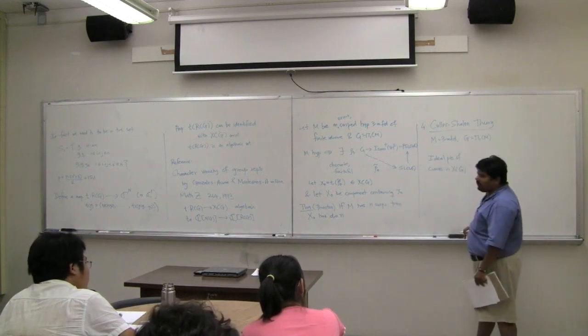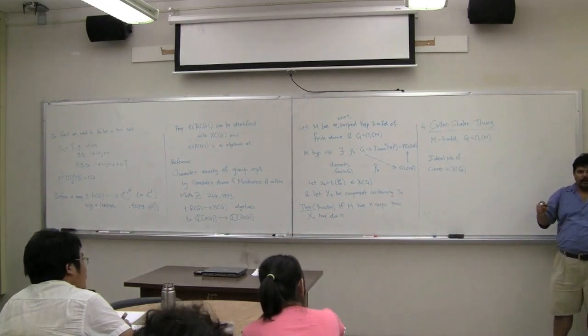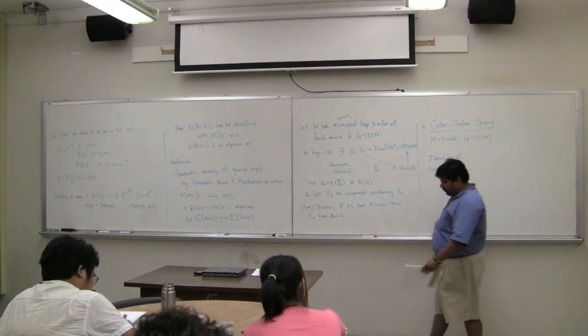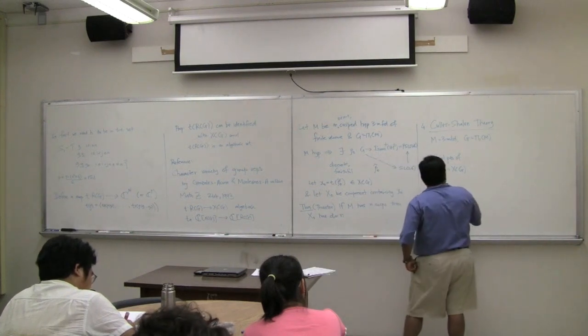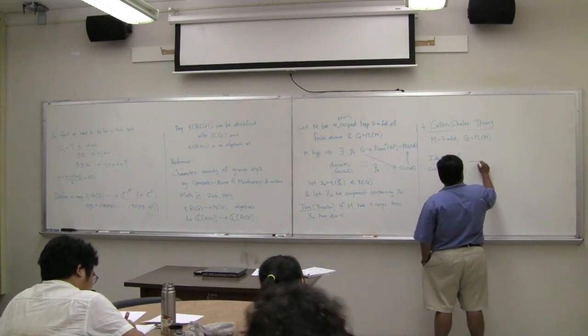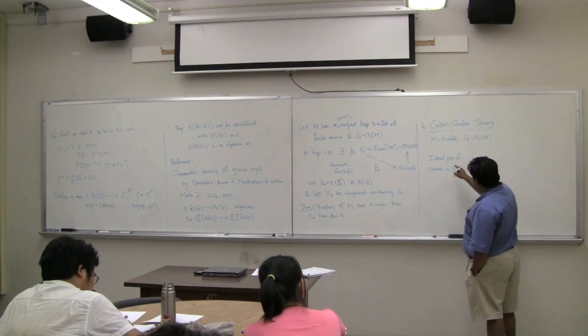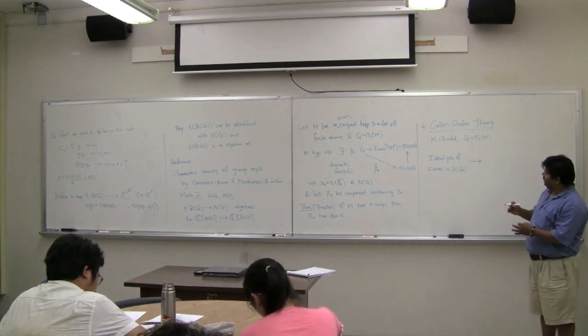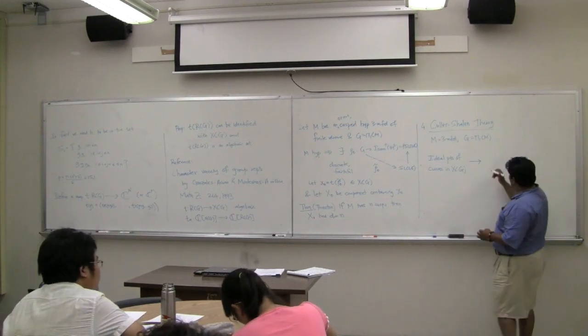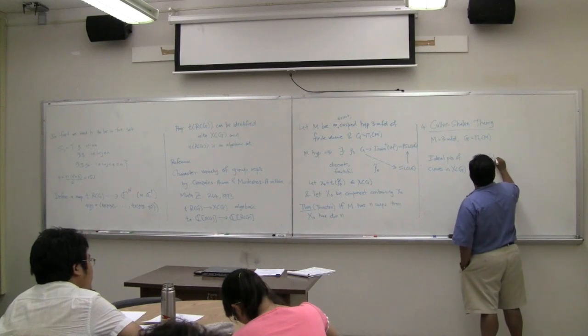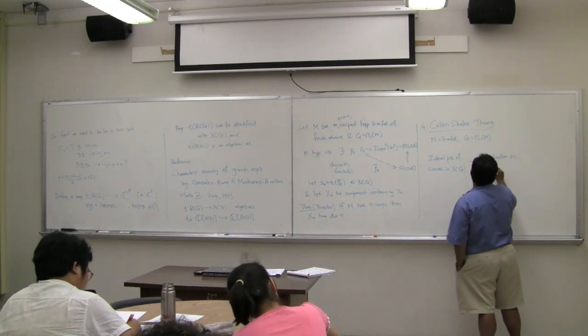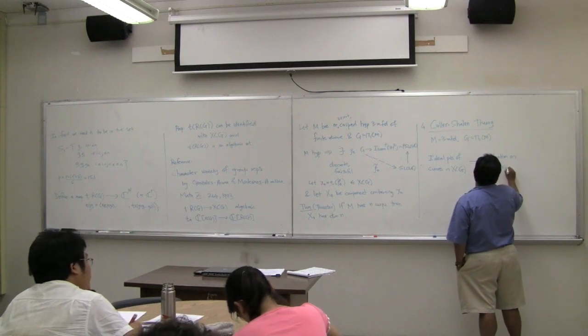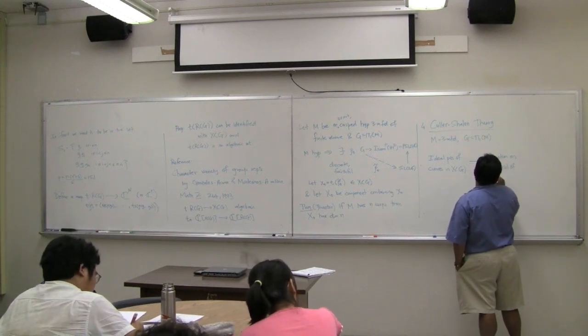By ideal points you mean points at infinity. So what happens is that every ideal point gives you a valuation on the function field of this curve.